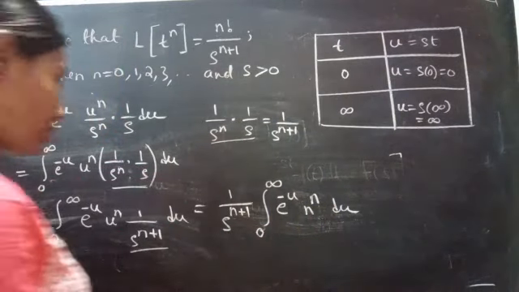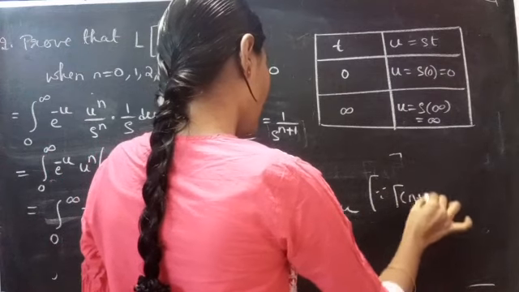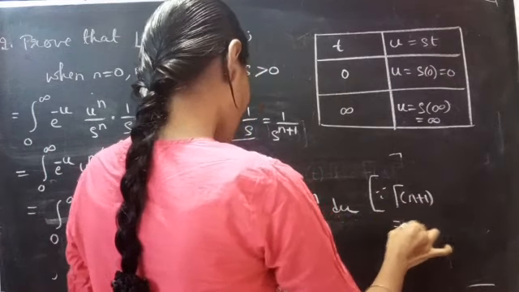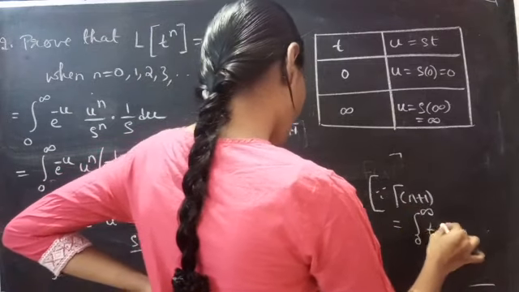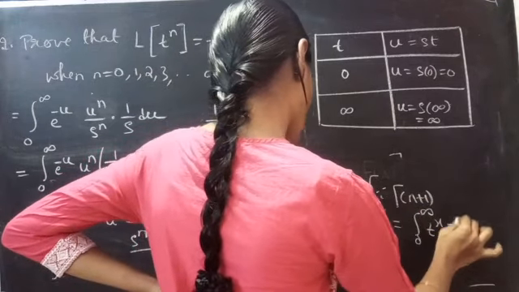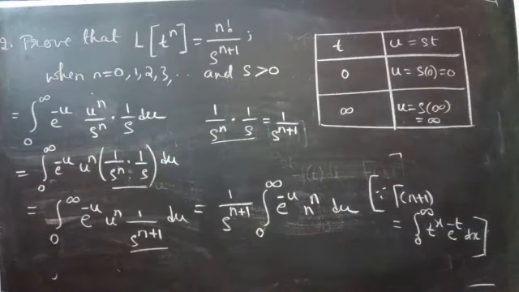Okay. Since we know that gamma n plus 1 is equals to integral from 0 to infinity t power x into e power minus t into dx. Okay.